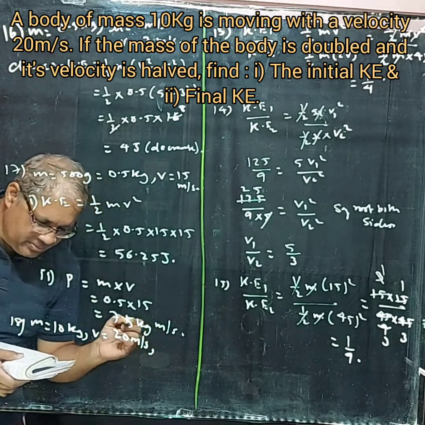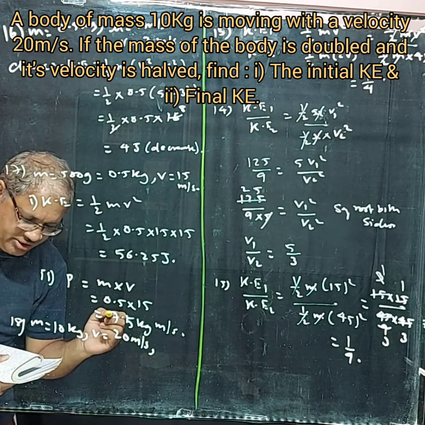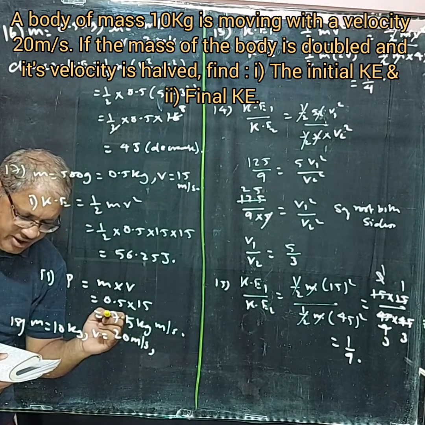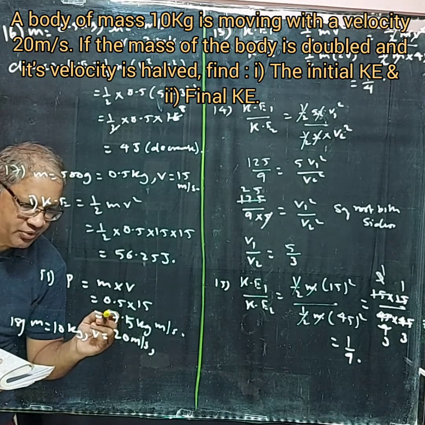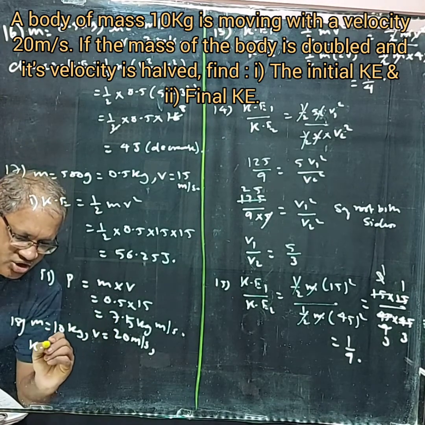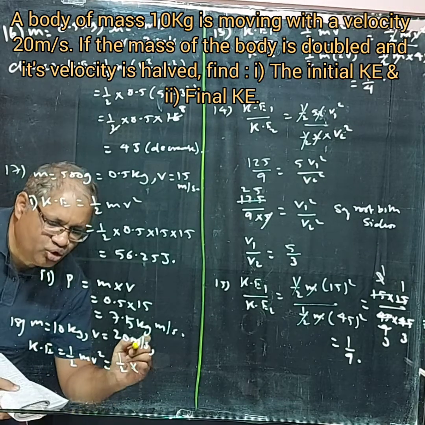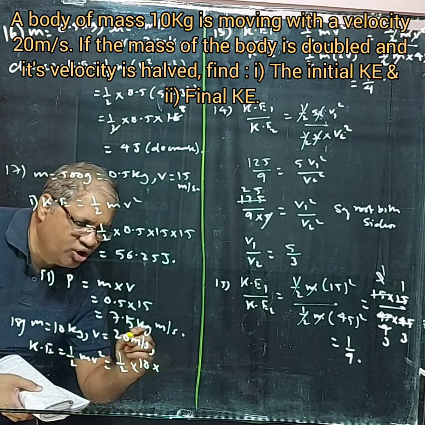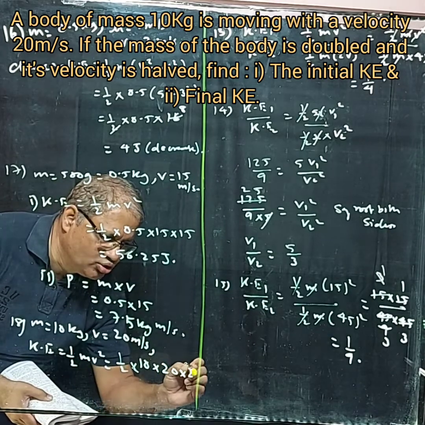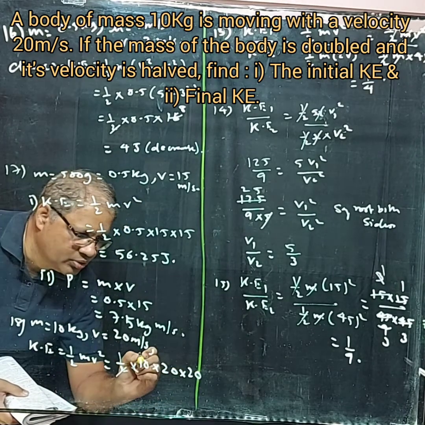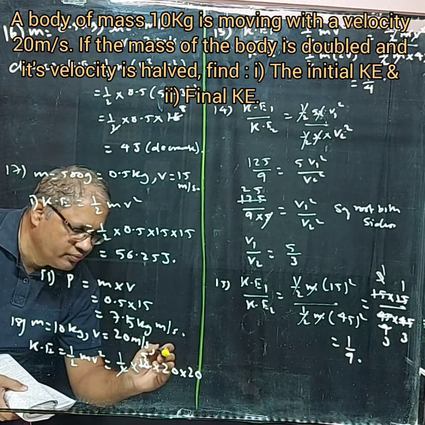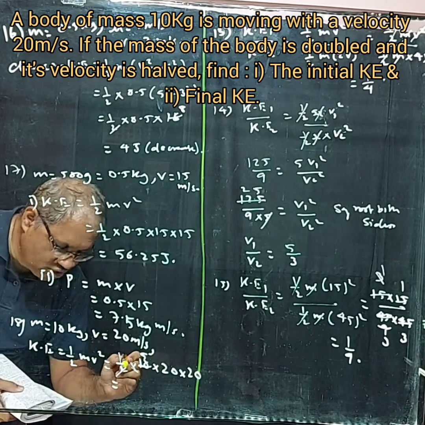The kinetic energy formula is half mv square. So half into mass 10 and velocity 20, 20 into 20. So it comes to 2000 joules.